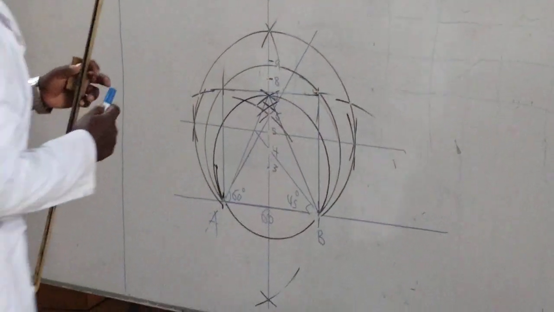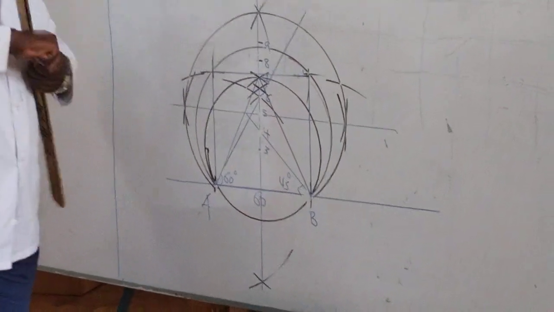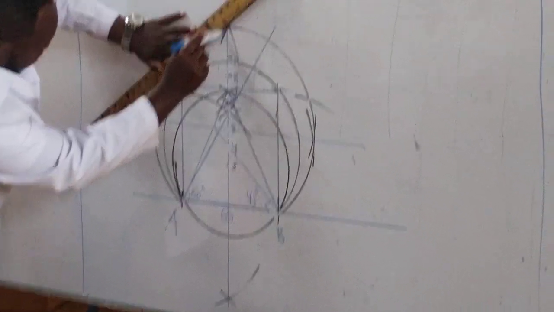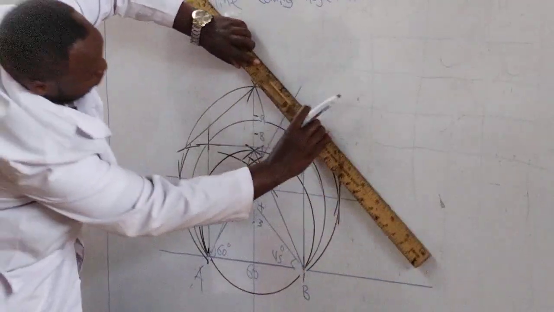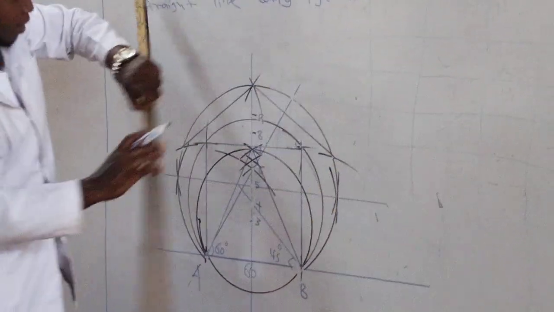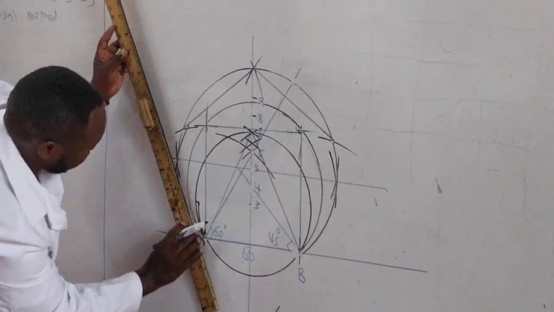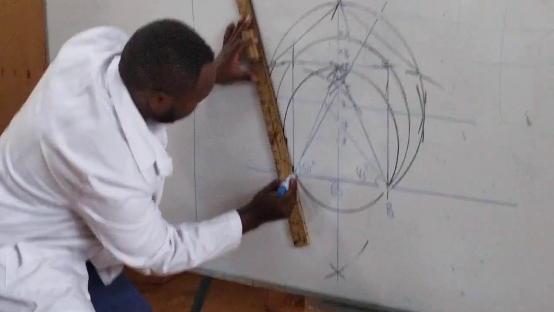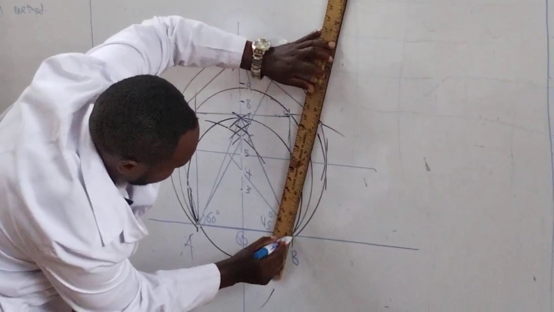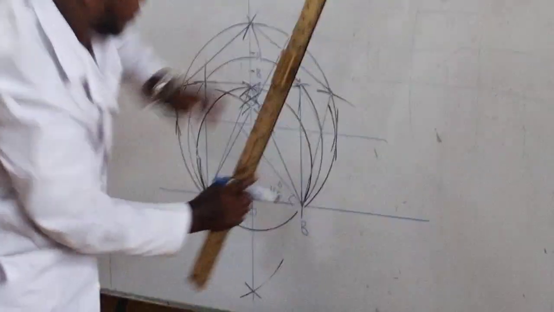Okay. So you join this point along that circle. I join here, there, I join here, to there. I join this one, there, I join again, this one, there. Okay?